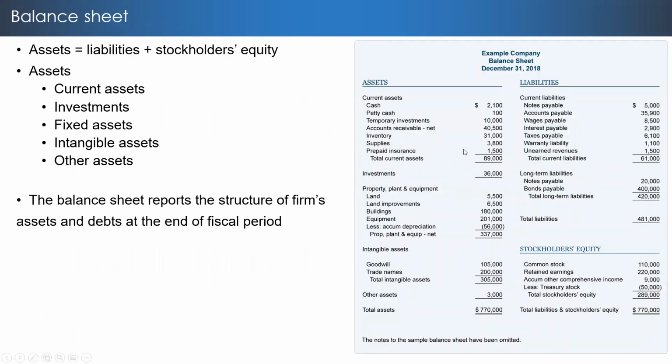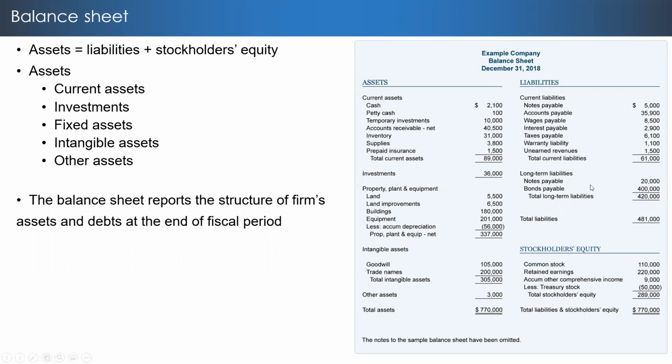Here's an example of a balance sheet. I'm not going into the details of all these entries. As long as you know this is a table that summarizes different types of assets and liabilities for the company. Stockholders' equity is the difference between assets and liabilities. Think of assets as the things a company owns, and liabilities as the duty for the company to pay.